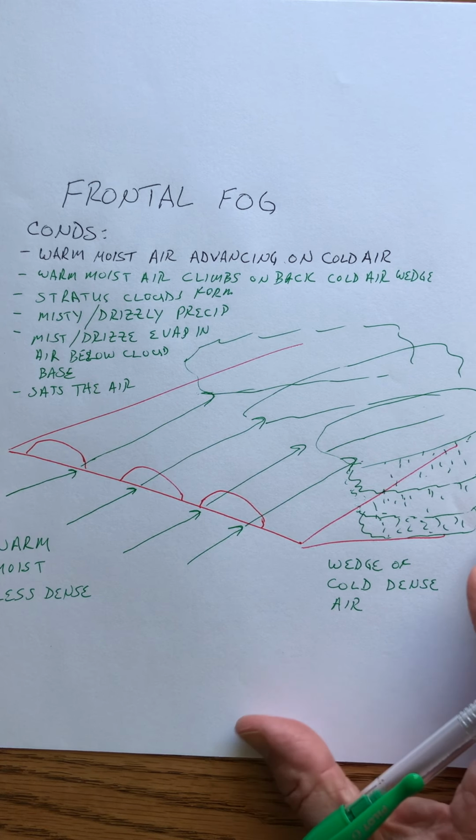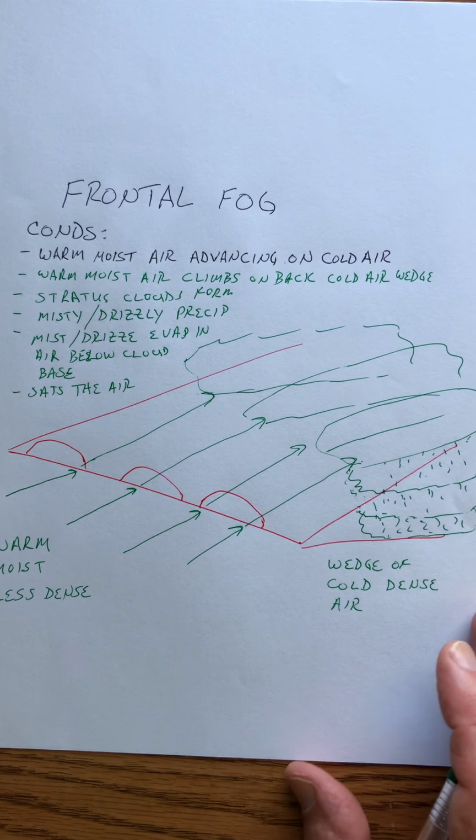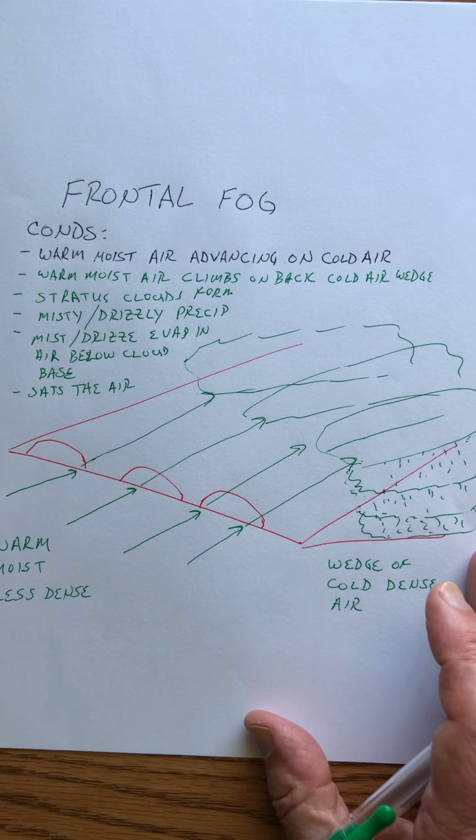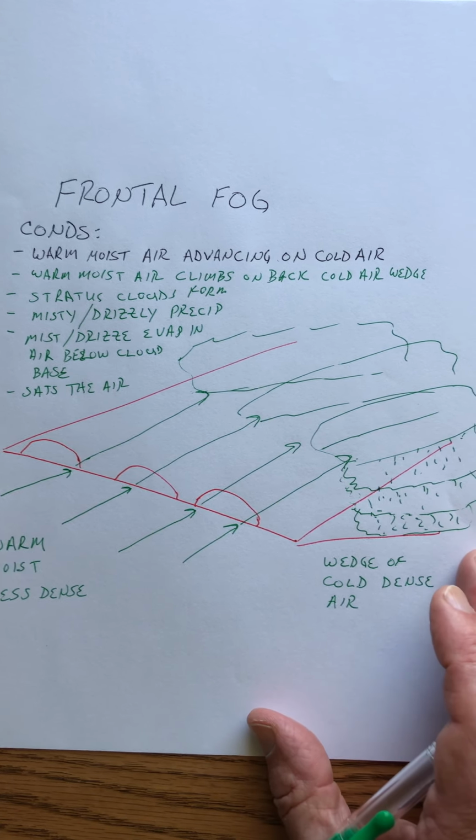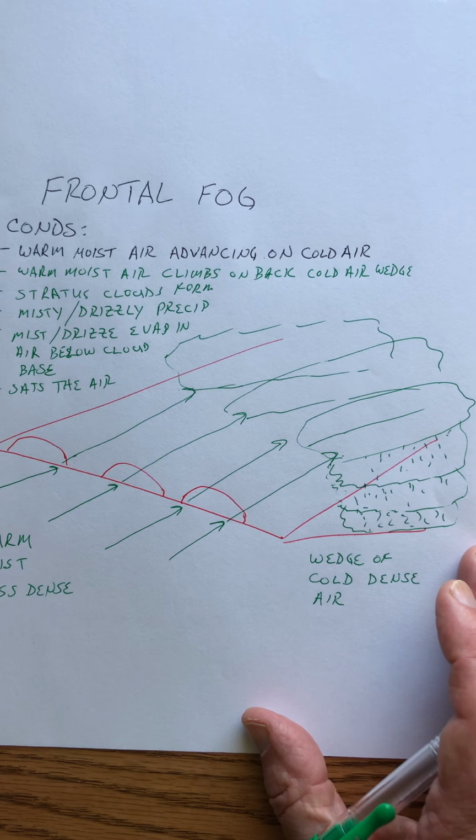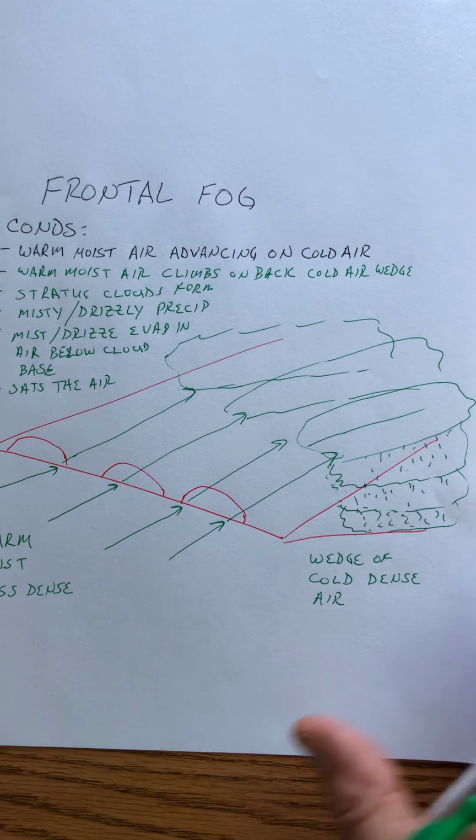And so these are types of fog. They can be fairly dense, fairly thick. This makes for a really gloomy, dreary, drizzly, damp, yucky day. And because it's a frontal fog, it's associated with a warm front.